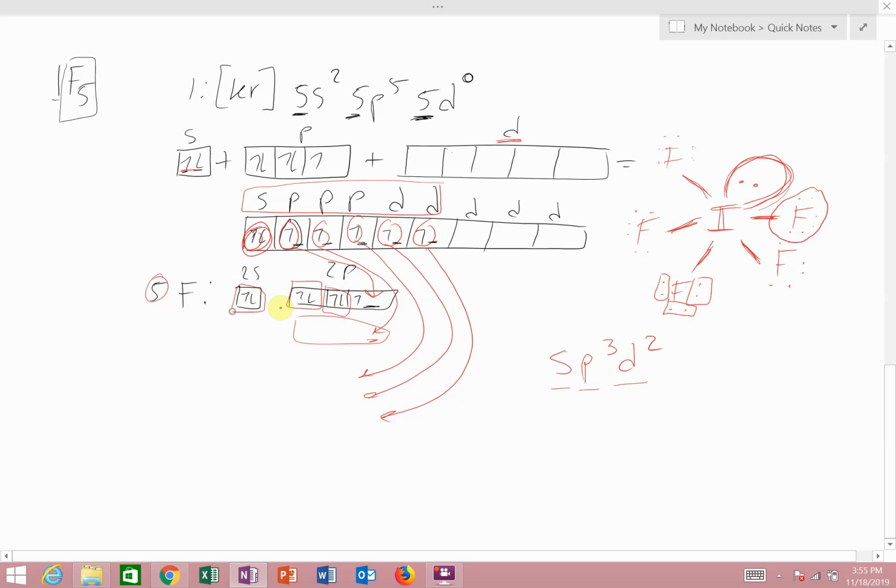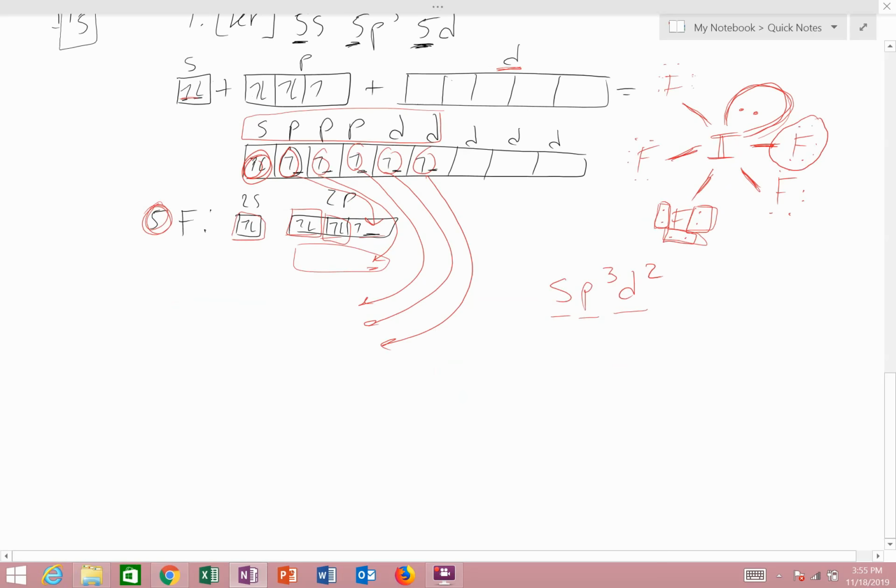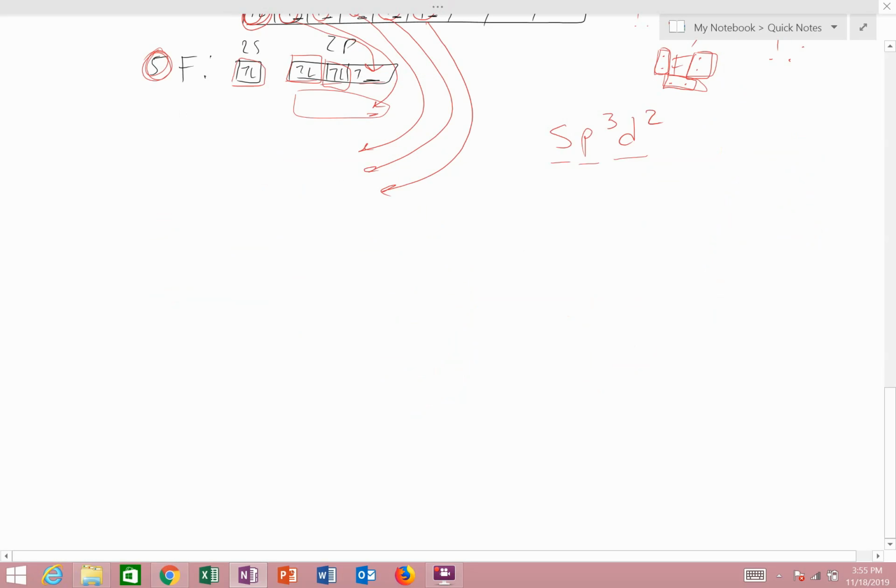So if you were to draw all of these boxes over again, you would have 5 sets of them, and it would show you the lone pairs on each of the fluorines. So actually with this method, you can draw the entire structure without even knowing how a structure is drawn. You can deduce it all from there. So I just wanted to go over a few more examples just to really solidify this topic.